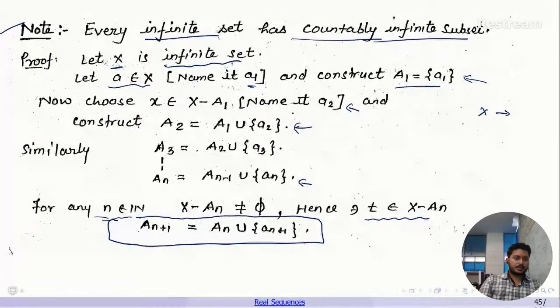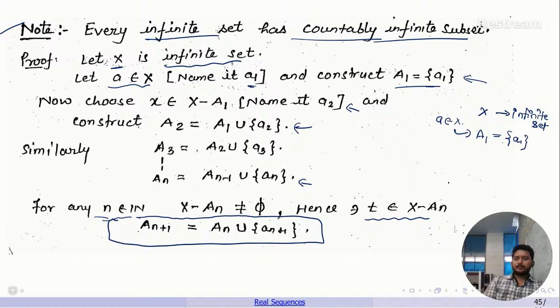Take X, our infinite set. Then pick one element a1 belonging to X and construct A1, which is equal to the singleton of a1. Now choose one more, an element of X minus A1.